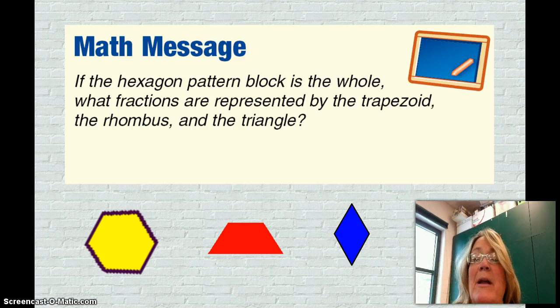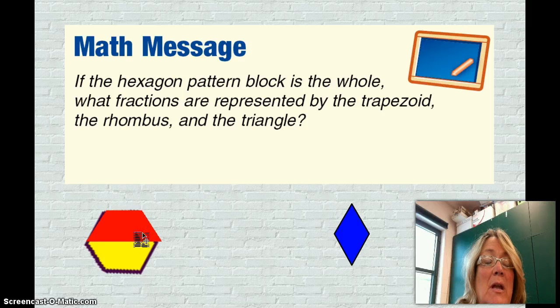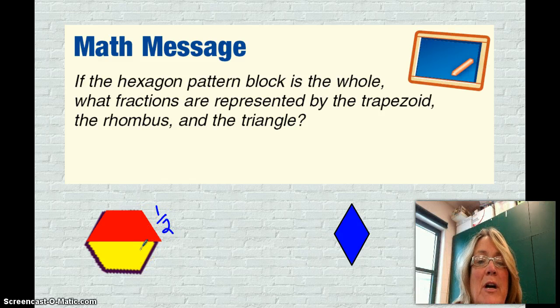Hopefully you're realizing by now that the trapezoid, it takes two of those in order to fill the complete space of the hexagon. So the trapezoid is worth half because it takes two halves to fill it up.